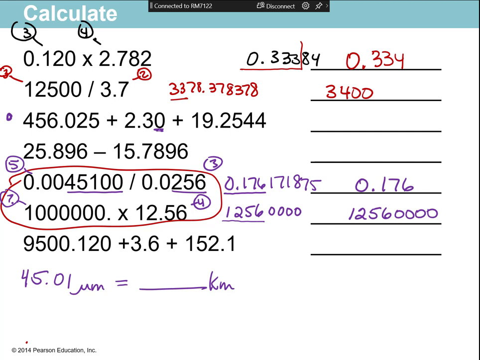Now don't round before though, just make sure you do the math. So 456.025 plus 2.30 plus 19.2544. And hopefully I did the math right. So 477.5794. Is that what everybody got?